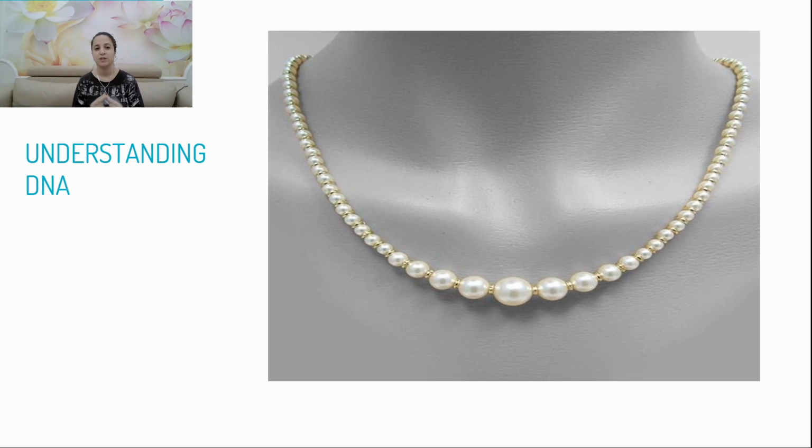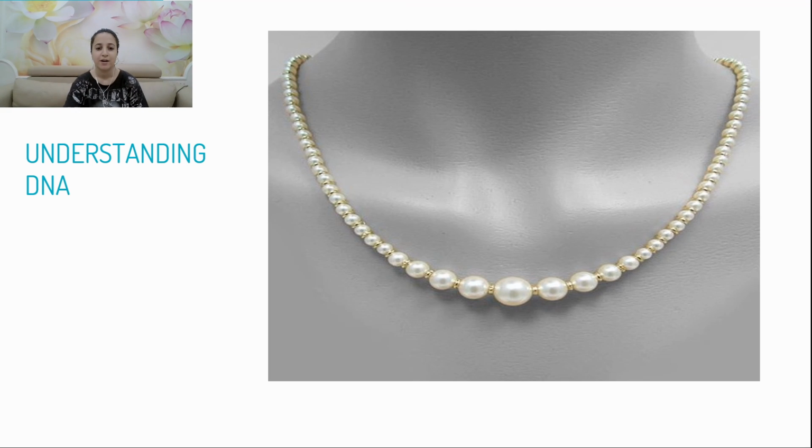So if you imagine a pearl necklace, you would observe that there's a thread and there are pearls pierced in, right? So you can imagine the thread as being the backbone of our DNA and the pearls as the bases on our DNA. And the bases can be adenine, guanine, thymine, or cytosine, which is AGTC.